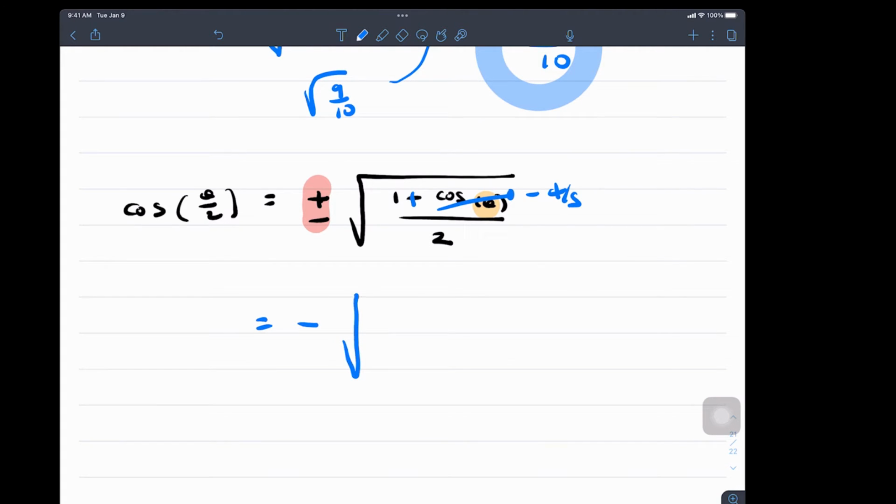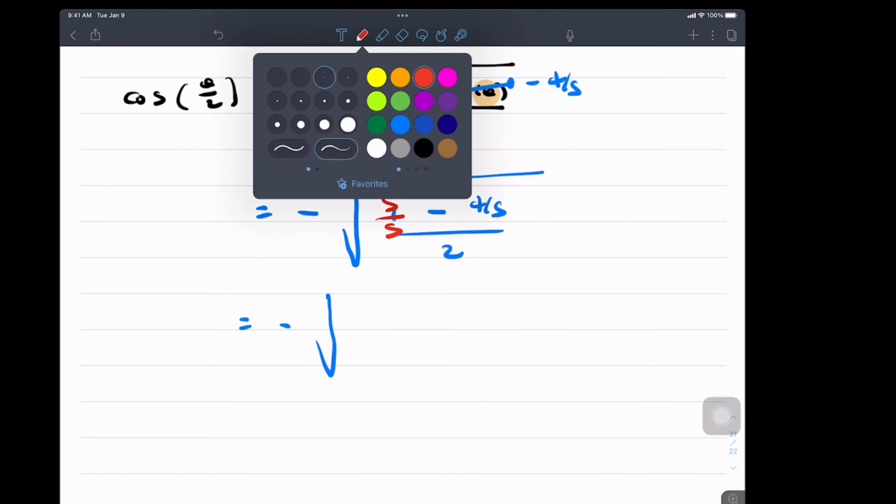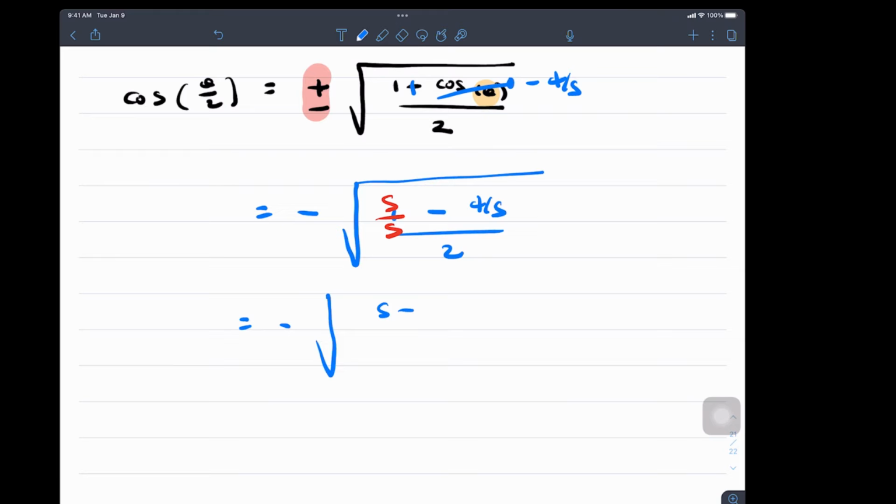Negative square root 1 minus 4/5 over 2. How do you take a whole number with a fraction? 5 over 5. 5 minus 4 over 5 divided by 2.